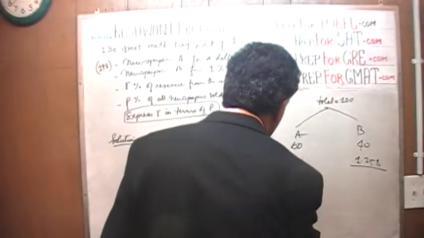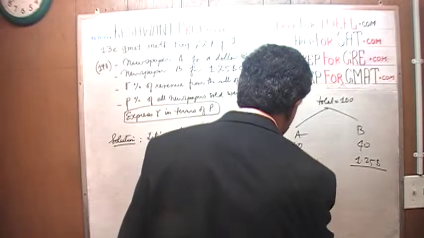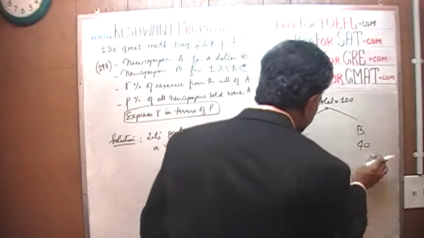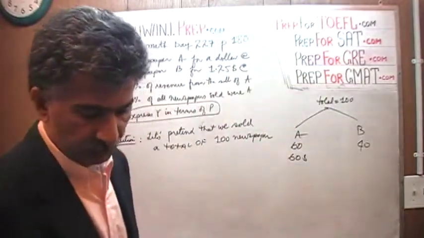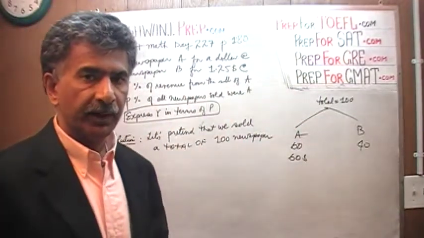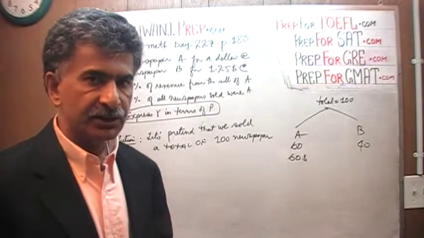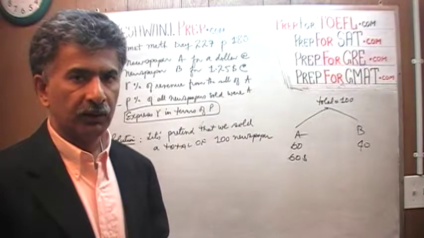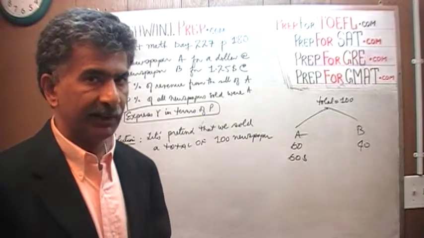60 newspaper A will give us $60. This is the revenue. How about B? Since we are selling 40 of them at $1.25 each, that will be $40 plus 40 quarters. 40 quarters make $10.